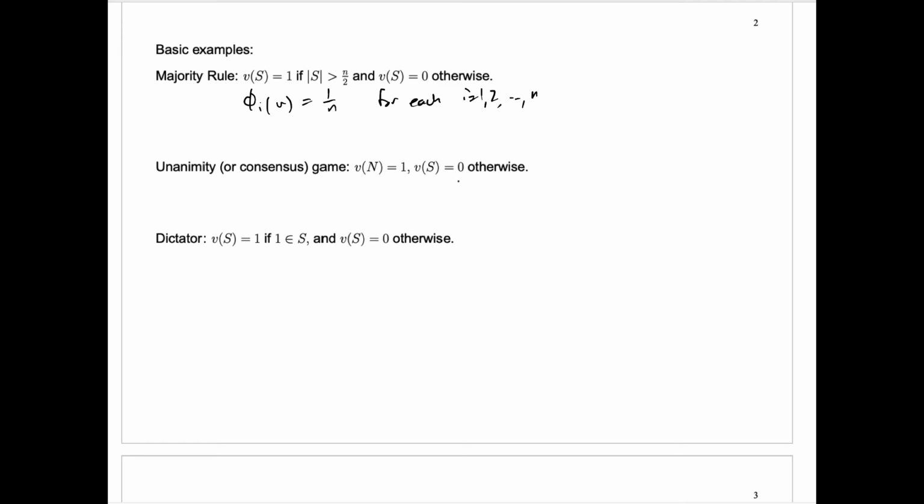But again, everybody is treated similarly. If there are N players, each one has a value of 1 over N. These are both by the symmetry axiom for the Shapley value.